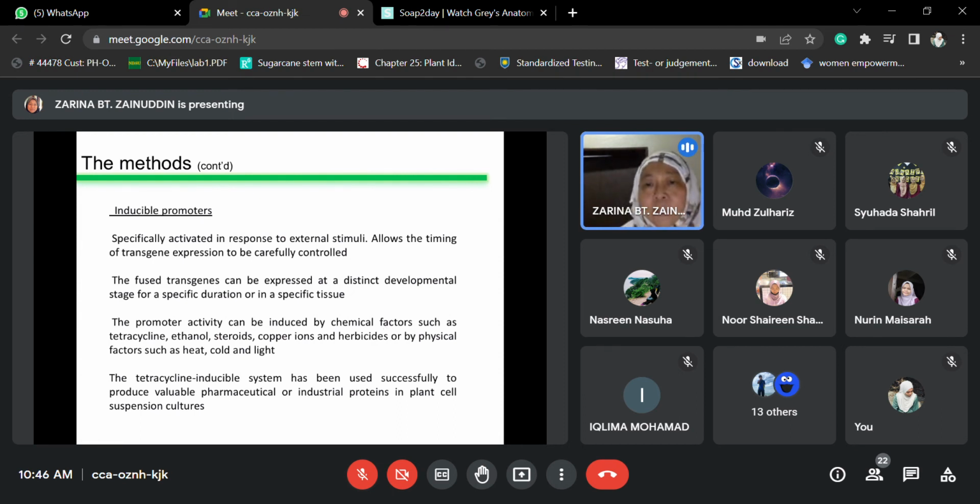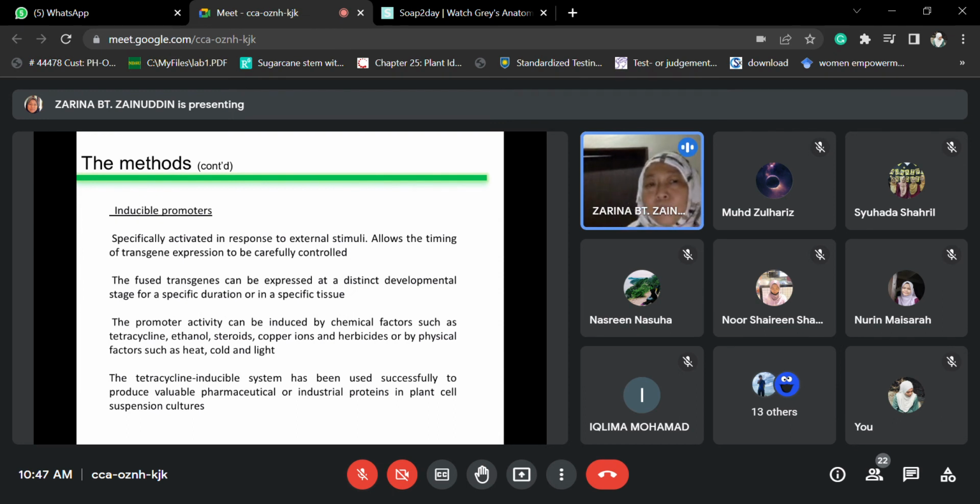For example, you already transform this plant with gene of interest where the promoter will be induced with tetracycline. So you can spray the transformed plant with tetracycline, for example, you can grow on tetracycline, and this promoter will be active and your gene of interest will be transcribed and translated. So this is what we call as inducible promoter.